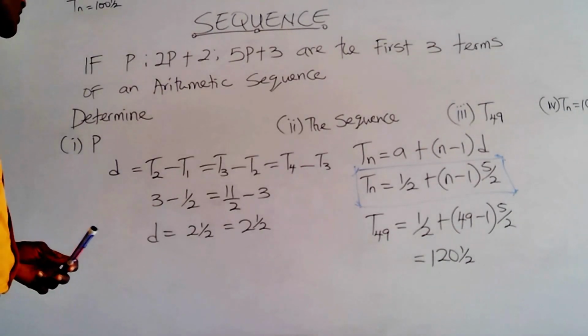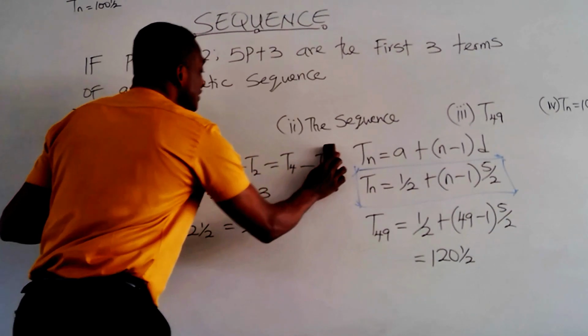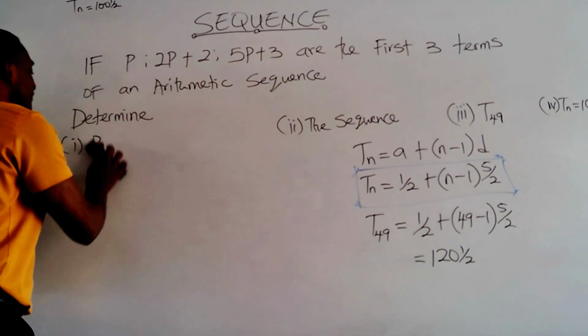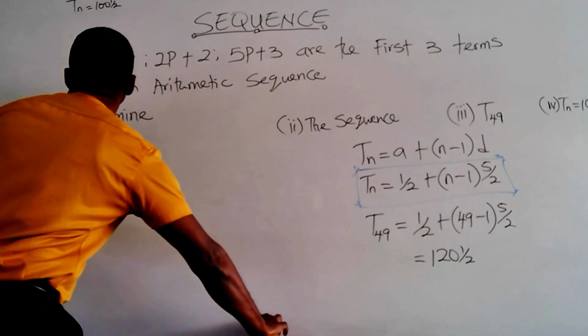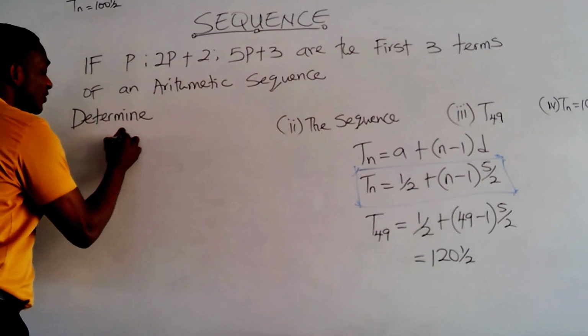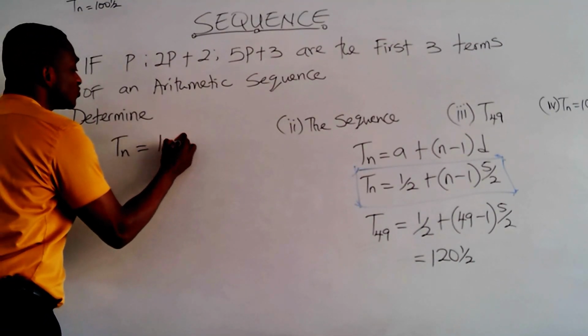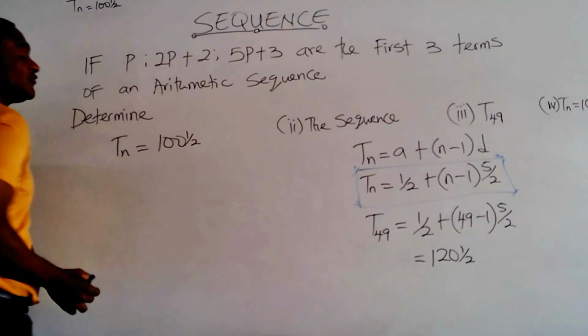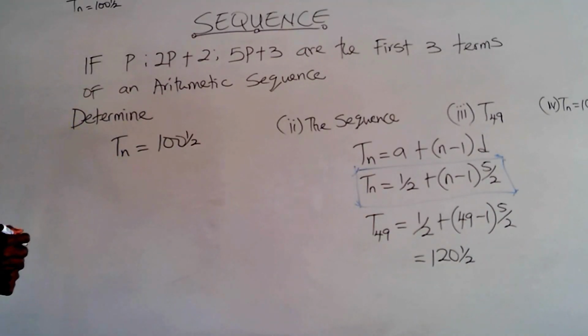That is our 49th term. And let's look at the last question here. The last question is asking us, if Tn is equal to 100 and a half, which term number is 100 and a half in the sequence?